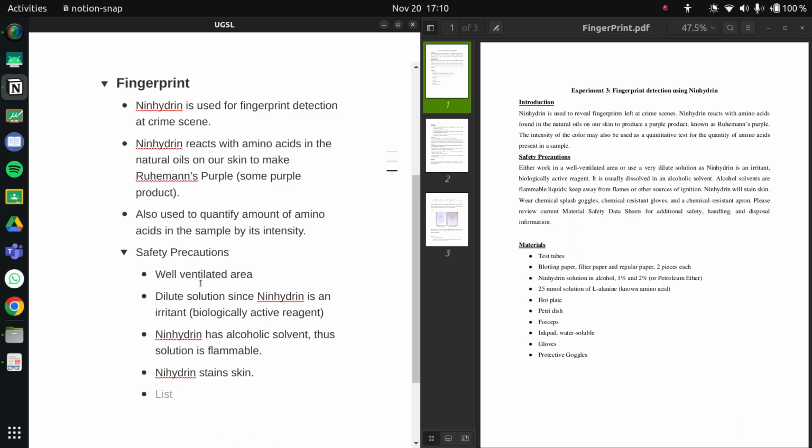It's an irritant, it stains skin, and it's also a biologically active reagent, so who knows what it might do. You might just get cancer from it. But yeah, just keep it away from your hands or face or whatever.